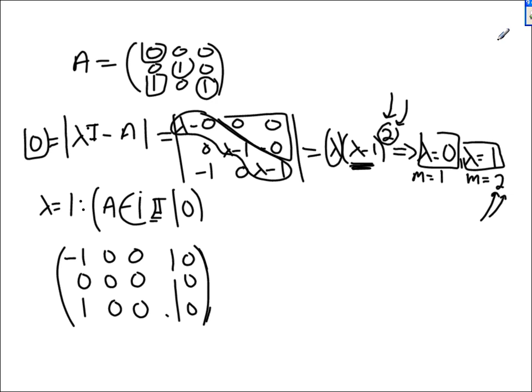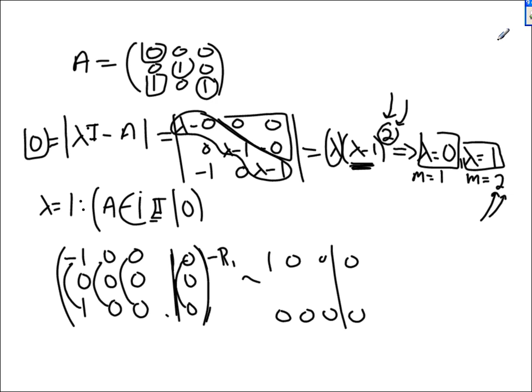Okay, now what I'm going to do is I'm going to multiply row 1 by negative 1, and I get that matrix. Second row I put on the bottom, and then for the second row I just add these. And I get, I guess I didn't need to do that, I get another row of zeros. Okay, so this is what I get.